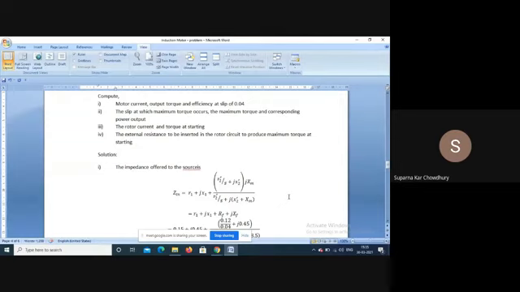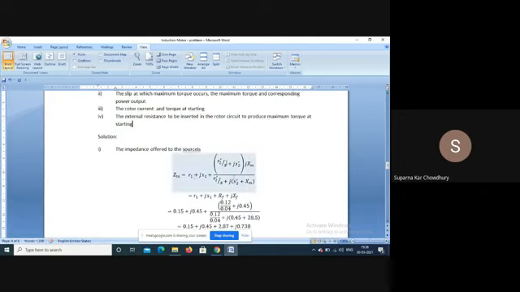solve the equivalent circuit. So the total input impedance is the stator impedance, that is stator resistance, stator leakage reactance, plus the magnetizing reactance in parallel with the rotor impedance. This is normally written in the form RF plus JXF.